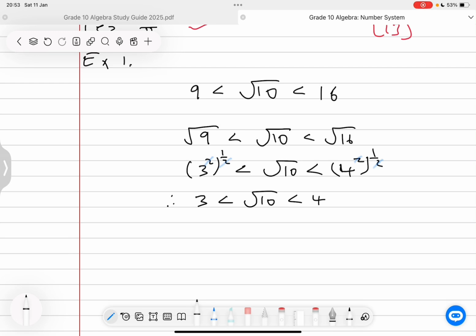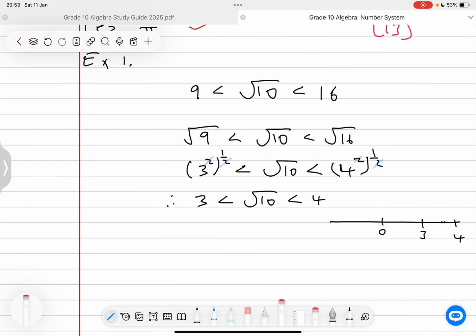So this is our final answer, where we're saying the root of 10 is a number that is between 3 and 4. This means if I were to draw a number line, just to have an understanding, if this is 0, somewhere here I'll have a 3 and I'll have a 4.